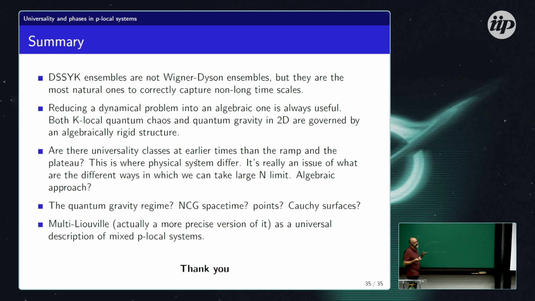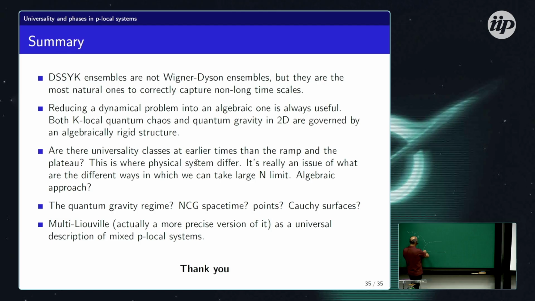But where do physical systems differ from each other? Where do chaotic systems differ from each other? They really differ in the behavior here. This is still the spectral form factor, but the connected piece. It's not the disconnected piece, which is fine, nobody cares about that. So real physical systems differ here.